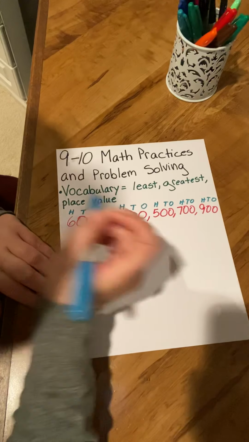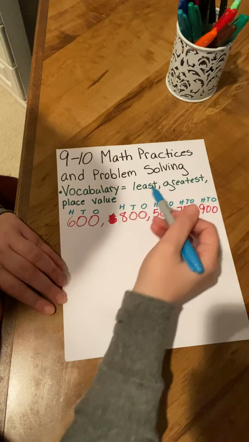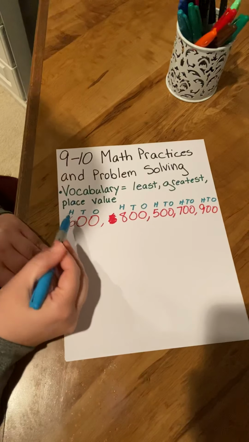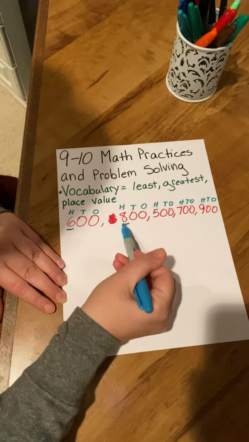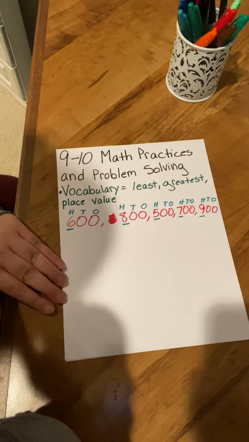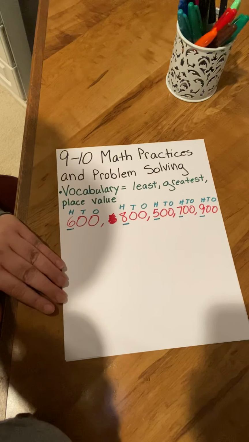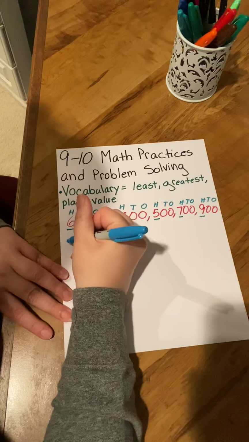So if I'm going from least to greatest, least means smallest, I want to find the smallest hundreds place. So I have a 6, an 8, a 5, a 7, and a 9. What is the smallest hundreds that I have? Hopefully you're thinking 500.